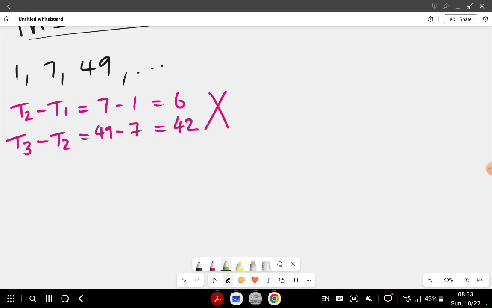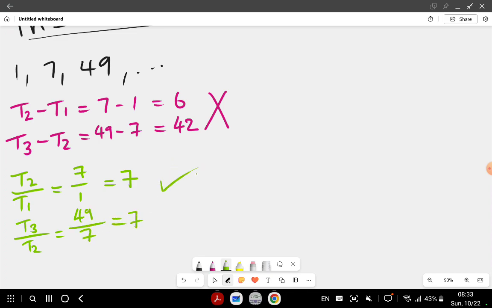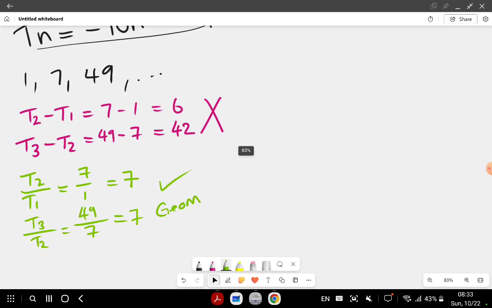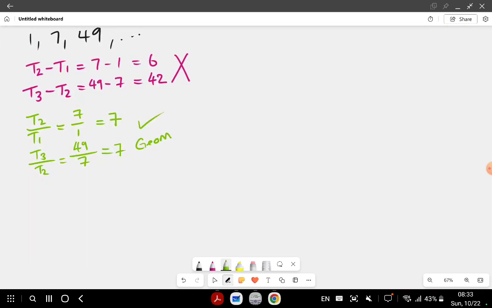Let's check if it's geometric. Term 2 divided by term 1 is 7 divided by 1 gives me 7. Term 3 divided by term 2 is 49 divided by 7 gives me 7. Yes, it is geometric.